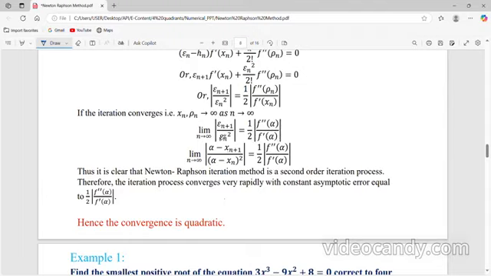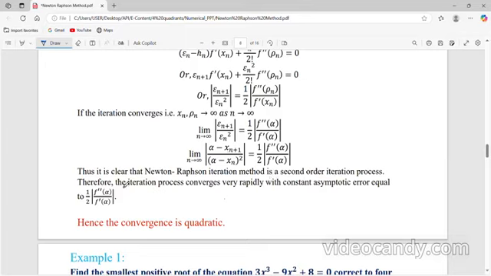Now putting the value, limit n tends to infinity, modulus of alpha minus xn plus 1 divided by alpha minus xn square equals half of f double dash alpha divided by f dash alpha. So it is clear that the Newton-Raphson iteration method is a second order iteration process.